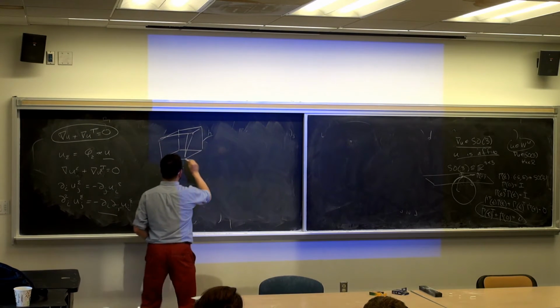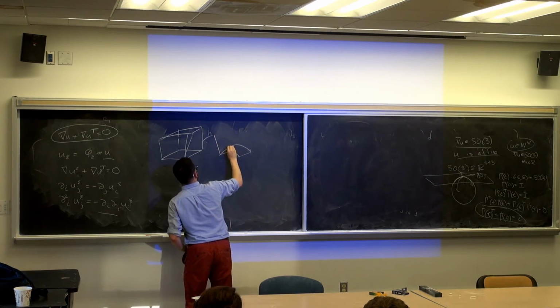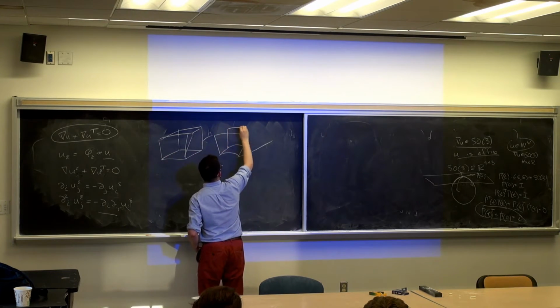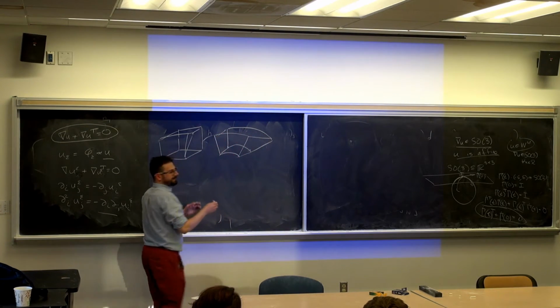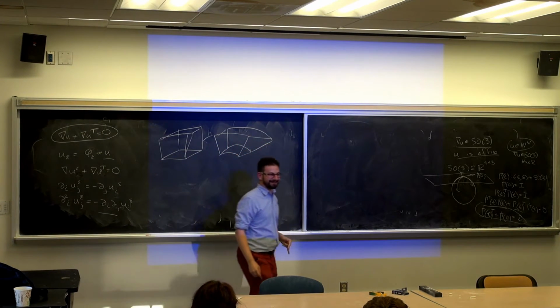If I tried to bend like this, let's say, the way that I could bend a sheet of paper, then I'm changing the distances up here. I'm doing what I'm not allowed to do.